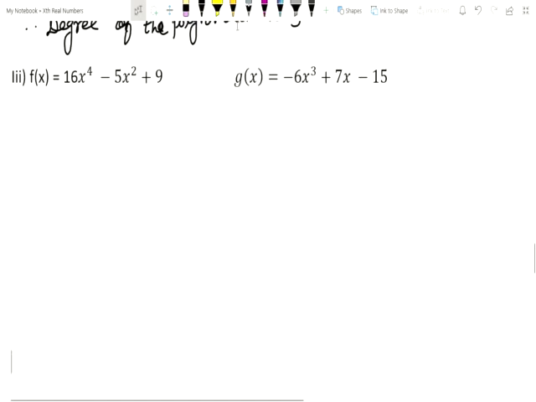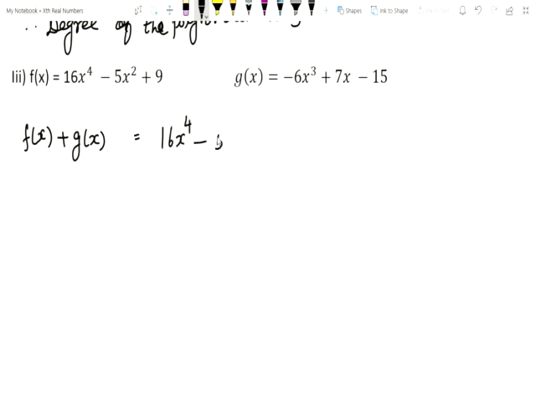Next one, we are going to add f of x and g of x. First we add f of x plus g of x equal to 16x power 4 minus 5x square plus 9 minus 6x cube plus 7x minus 15.